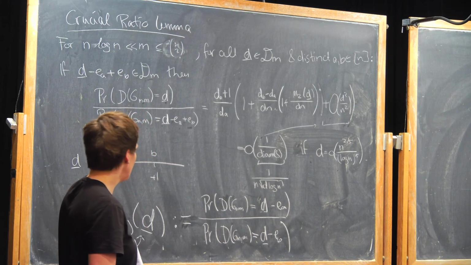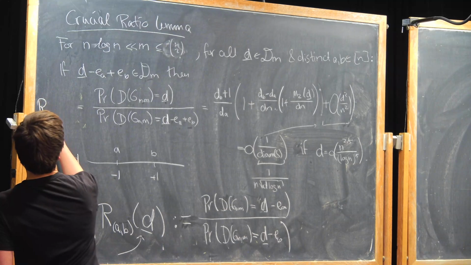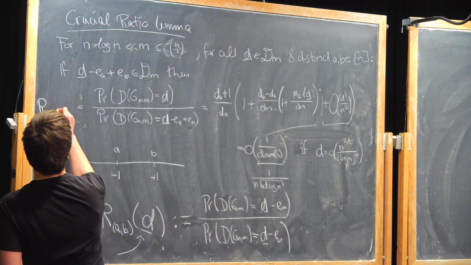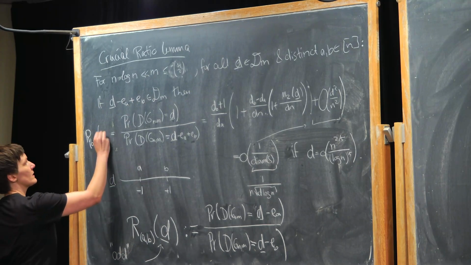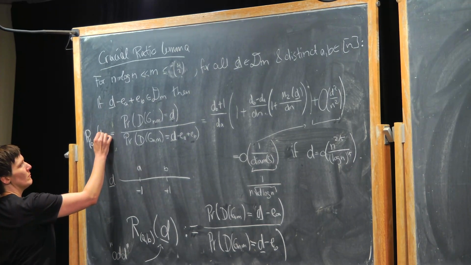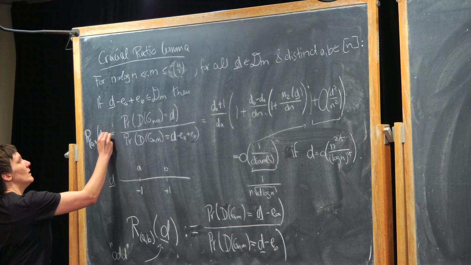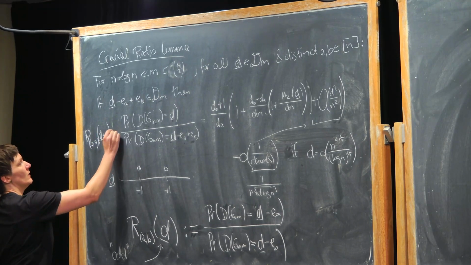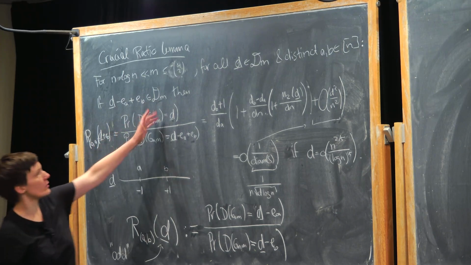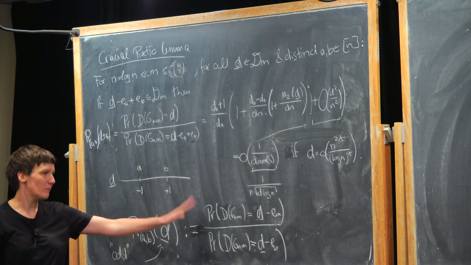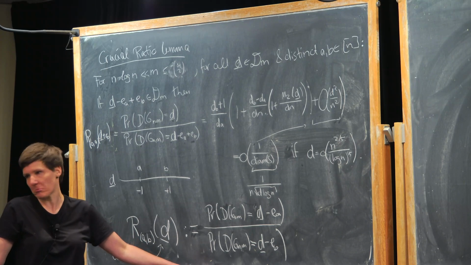Okay, so with this definition, what we see here is an R_AB of what degree sequence? I think it's D plus EB. One reason why you want to write it like this is that formulae become nice and symmetric.